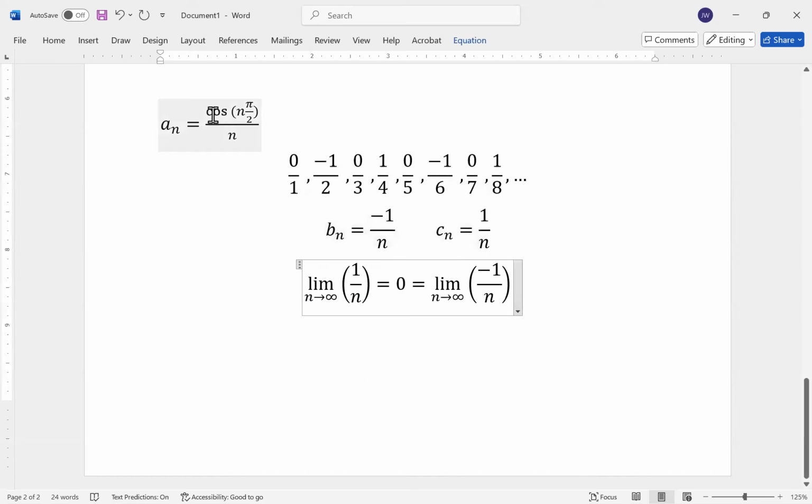So cosine is at smallest -1 and is at biggest +1. So these two sequences bound the sequence I was given. A sub n is always in between B and C. Since both B and C have a limit of 0, that means a sub n also has a limit of 0.